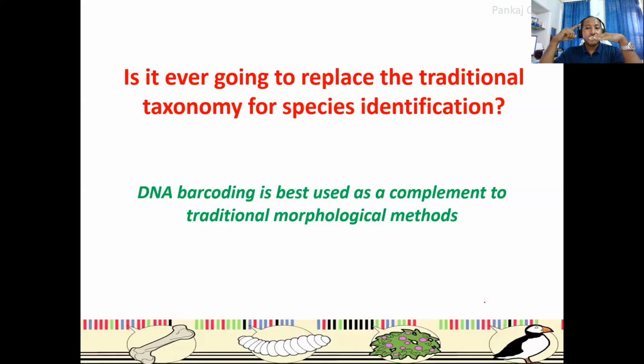But the DNA sequence of that particular plant must be deposited by someone else, okay, in the database. It must be already available in the database. Then only when you perform BLAST, it will show some significant match.